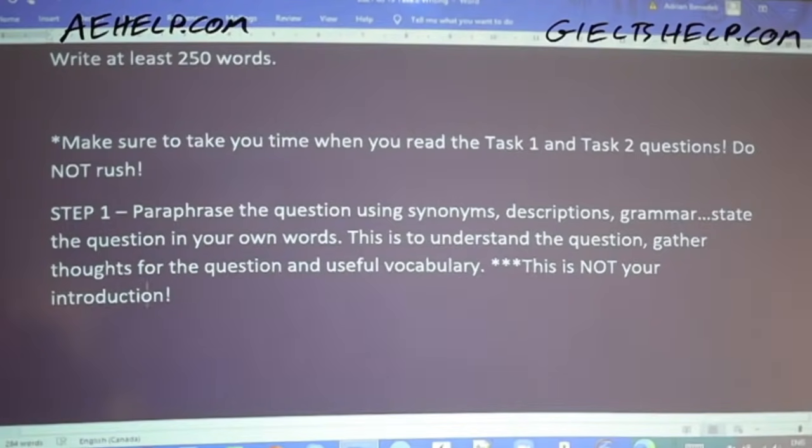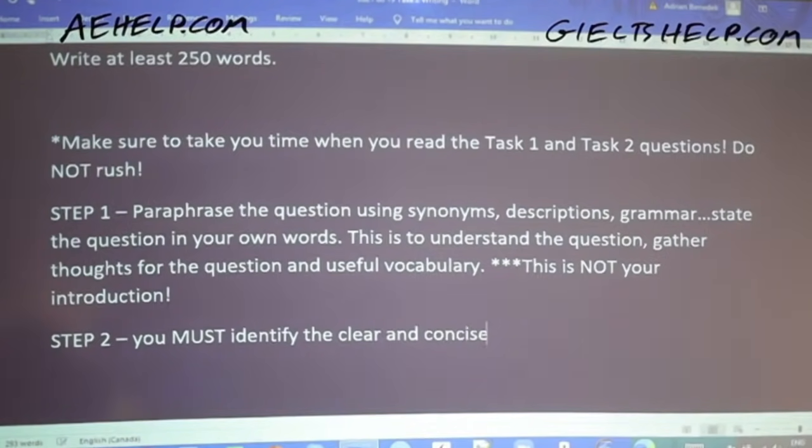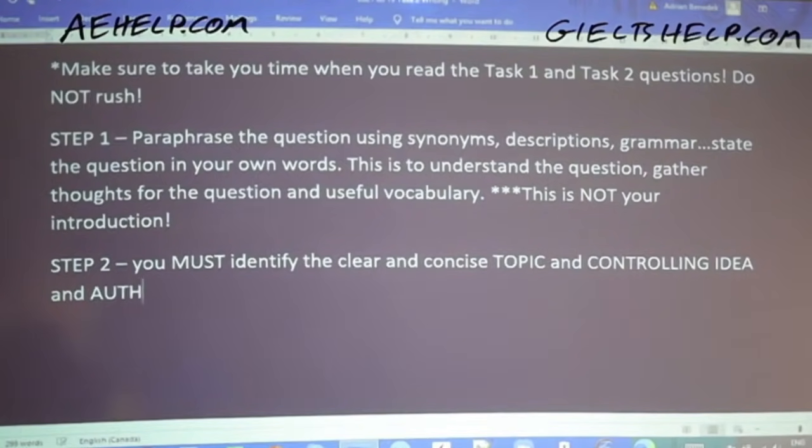Step two is you have to identify a few different points about the essay, okay? So step two is you must identify the clear and concise topic and controlling idea and author voice.